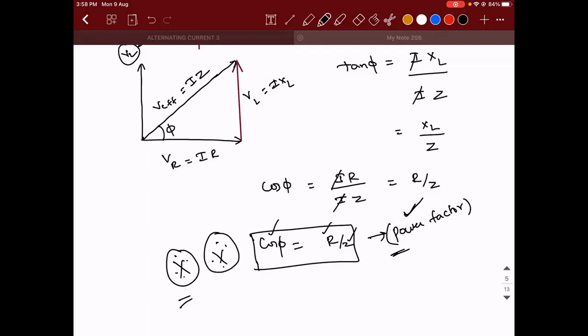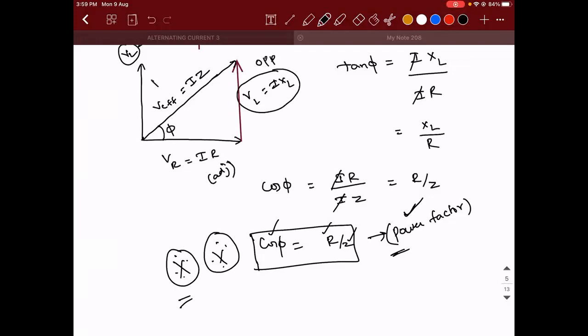Won't tan phi be VL by VR? No, it should be XL by R. Sir, but the side opposite to the angle is the hypotenuse, no, sir? No, the side opposite to the angle is the opposite side. This is adjacent.